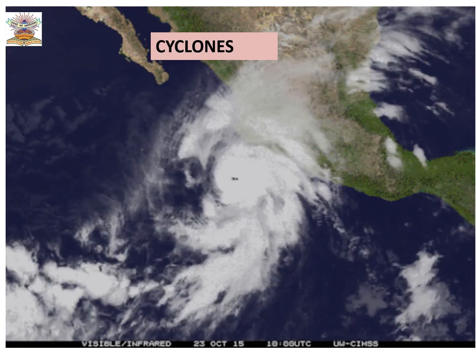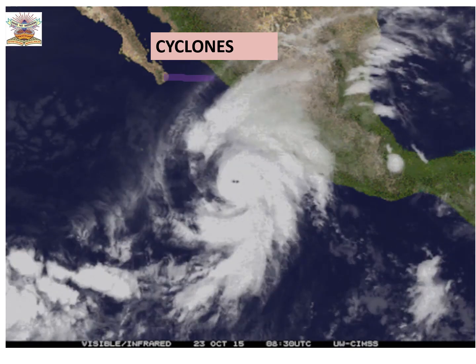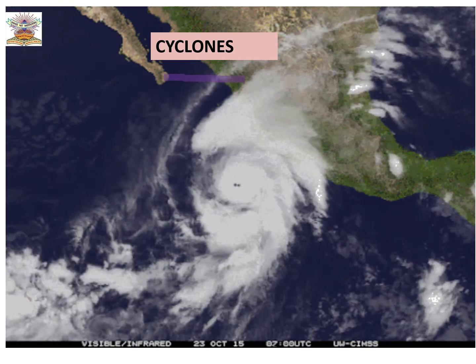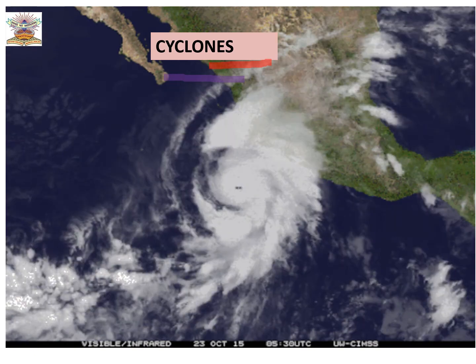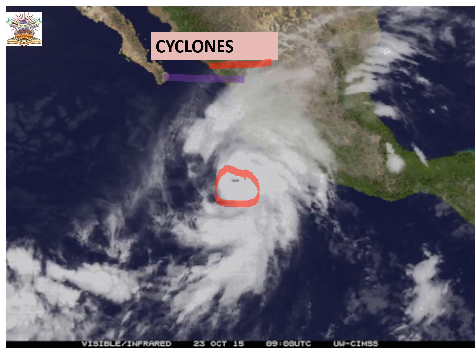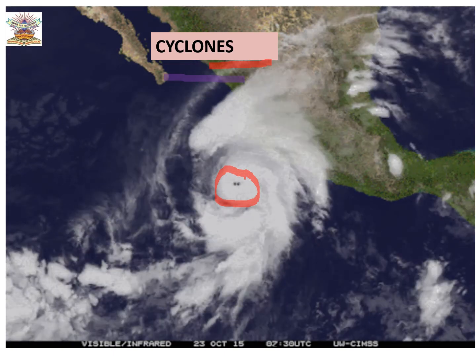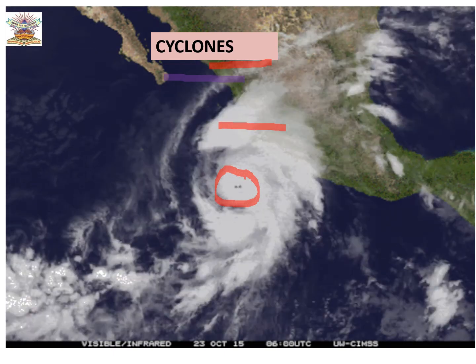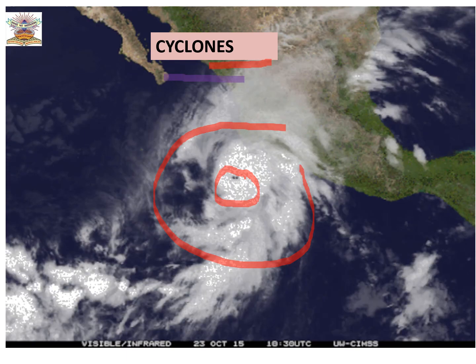Now here, children, we are going to see the cyclonic winds, how the cyclonic winds are formed. Here at the center, you can see like a small eye is watching. It is a low pressure area and it is surrounded by a high pressure area.